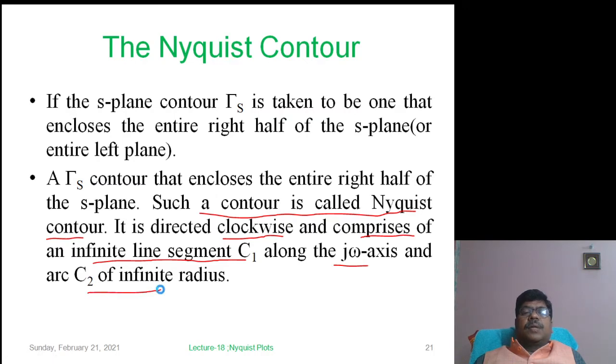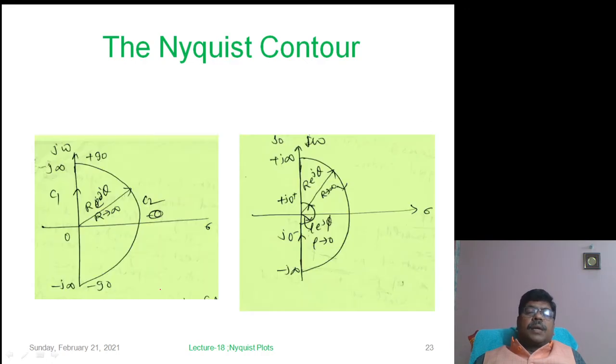So, here you can see in this diagram C1 is infinite, from minus j infinity to plus j infinity. This is the length. And arc C2 has infinite radius, r tends to infinity, meaning it covers the entire right half of the S plane.